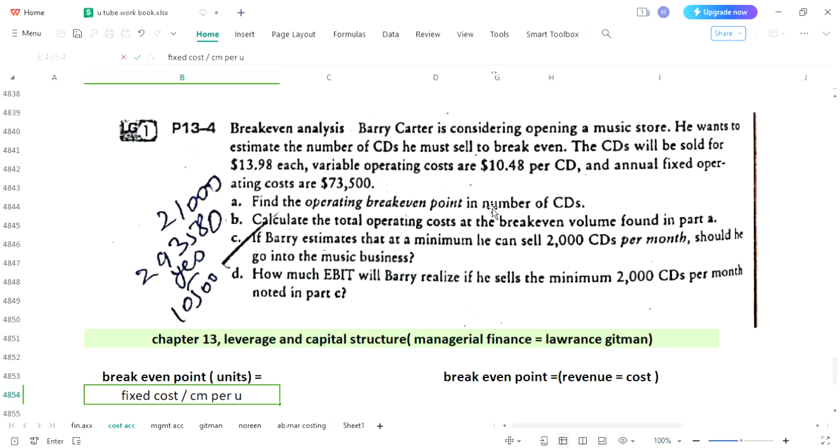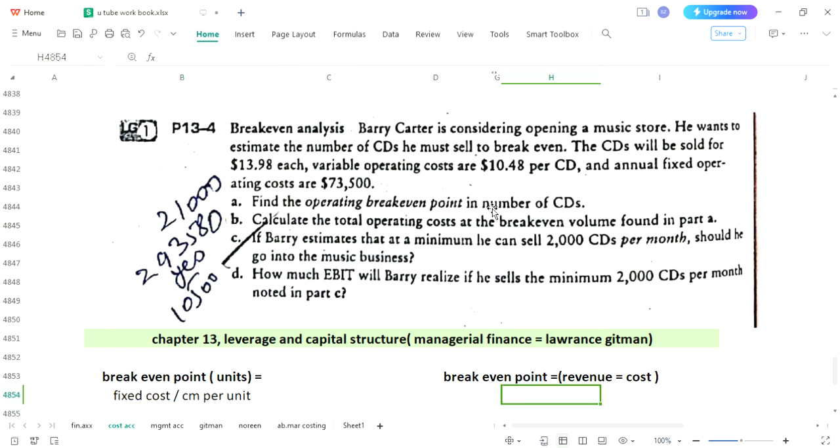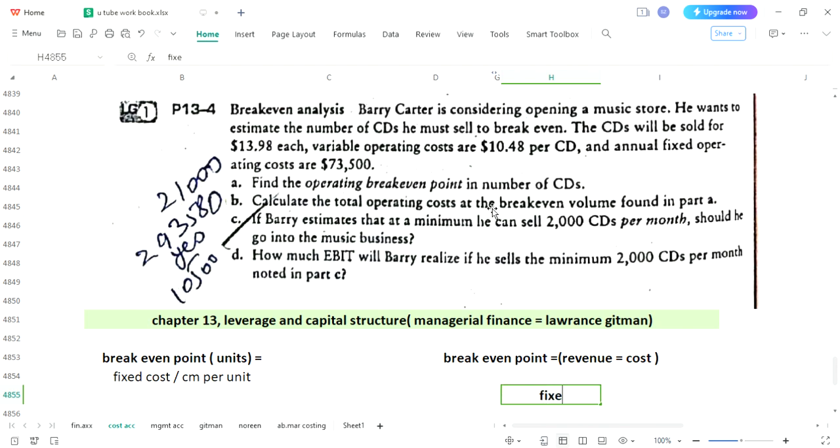This is our formula, and let's talk about what fixed cost is. A cost which will never be altered, which will not change by the change in production.